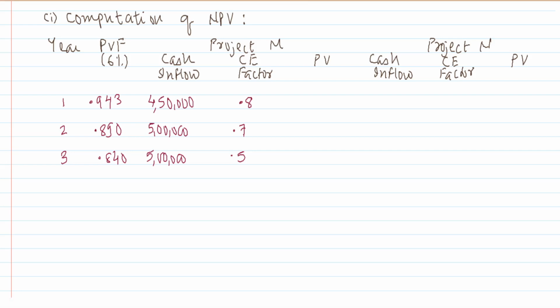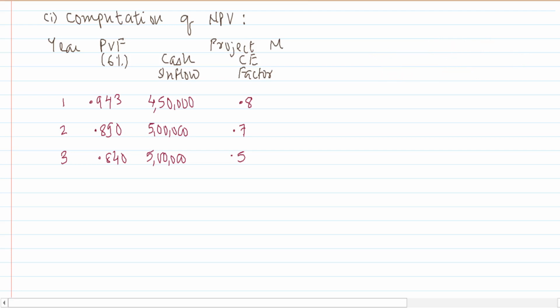We were supposed to prepare a column also for certain cash flow. I'm really sorry. I have to make a slight change in our table. A column was required for certain cash flow, and then the present value.